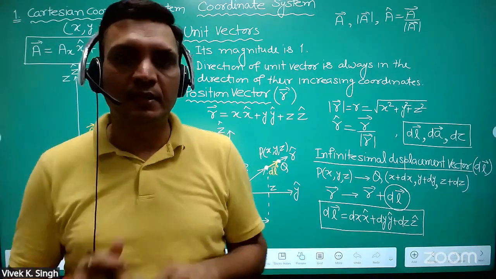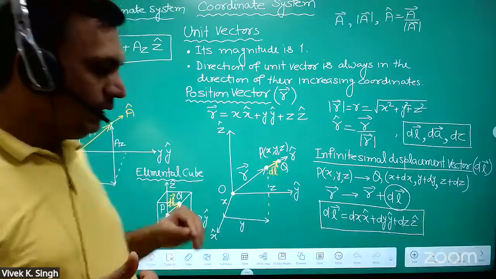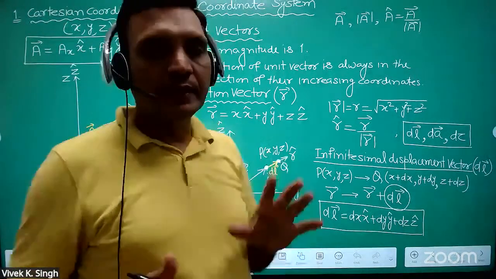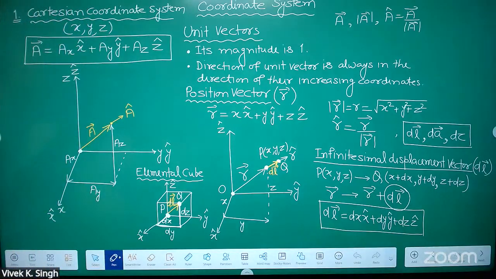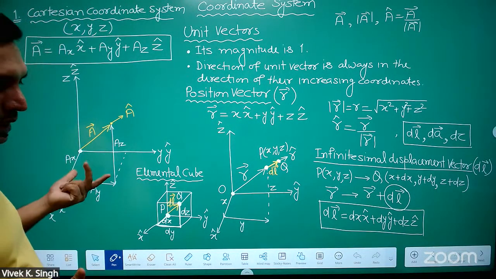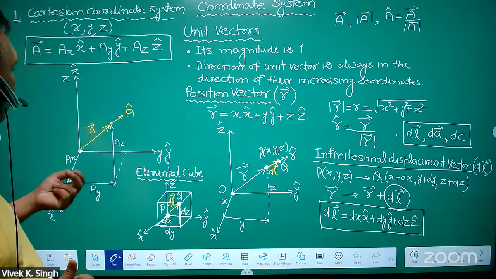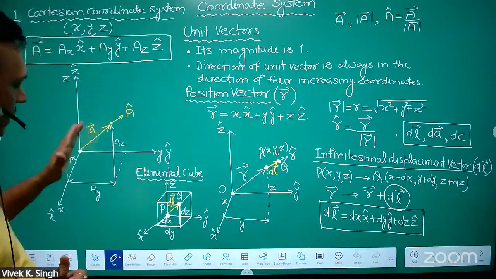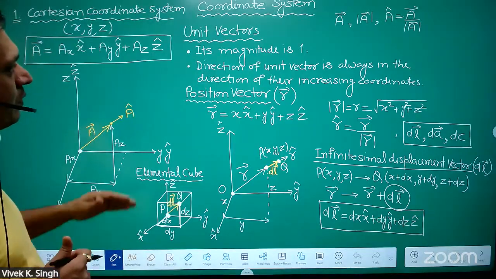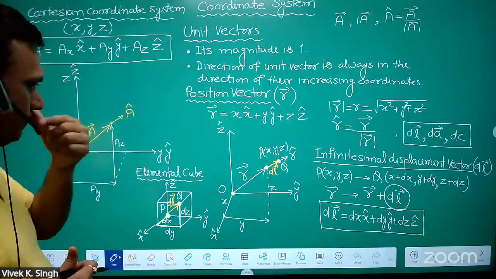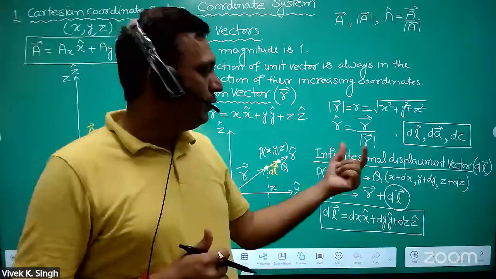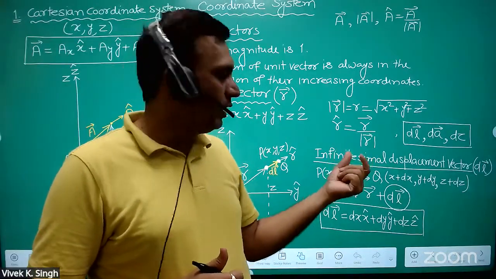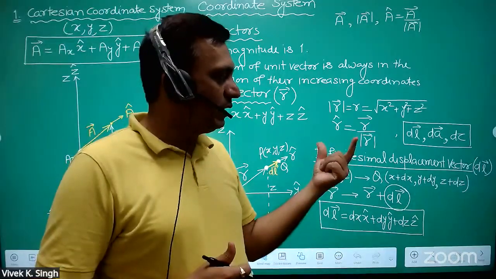So in the last lecture, we introduced vectors, and then we were discussing the coordinate system. The first coordinate system was the Cartesian coordinate system. We talked about what the Cartesian coordinate system is, what the unit vectors are, how to represent a vector in this coordinate system, what a position vector is, and then what the dl vector is, the infinitesimal displacement vector.